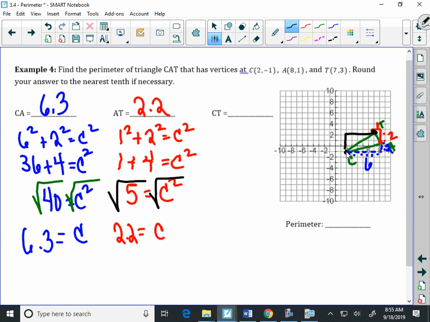I think that the distance here on this particular one, because it's CT, we went from -1 to 3, this distance is 4.